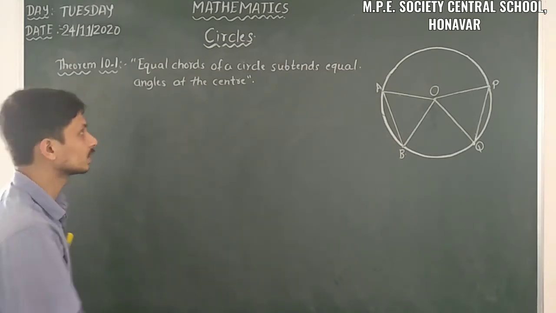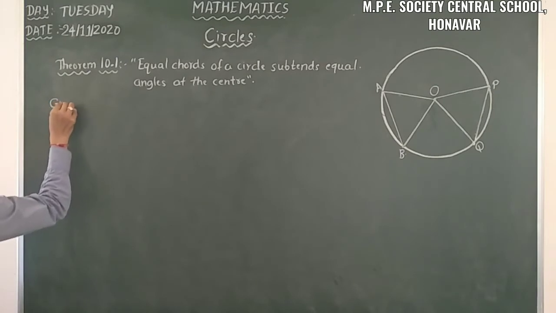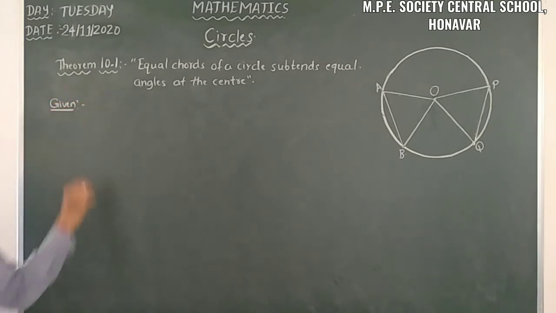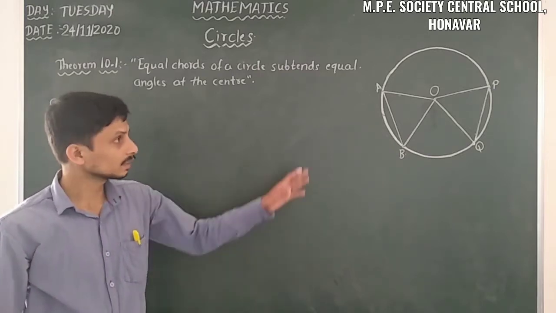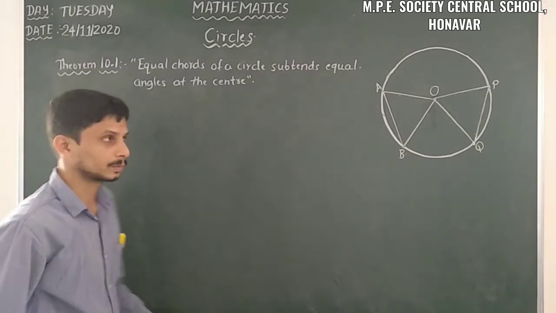So let us take the given things. What are the given things we have here? Consider a circle with center O. So O is the center of the circle.